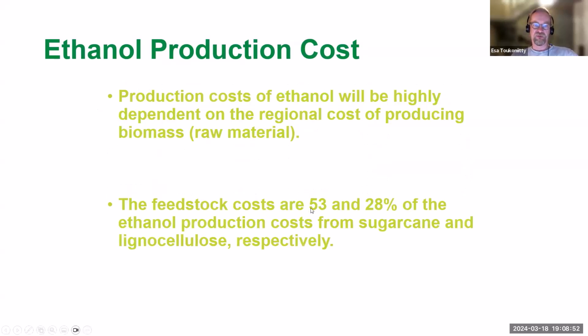But if the feedstock costs are half or 1/3, these are something that you cannot influence or improve much by process development or process optimization. If the wood costs what it costs, you have to pay.